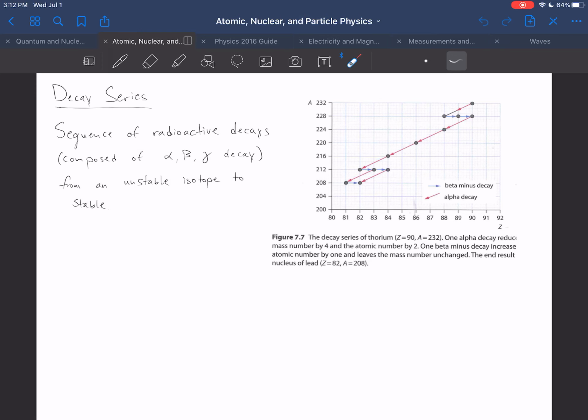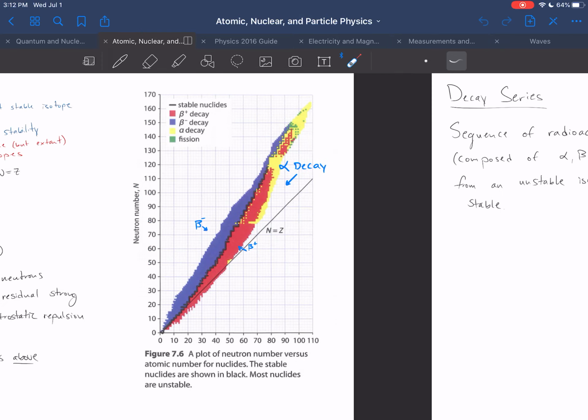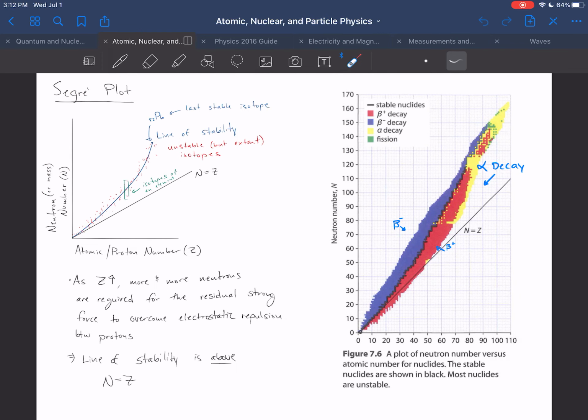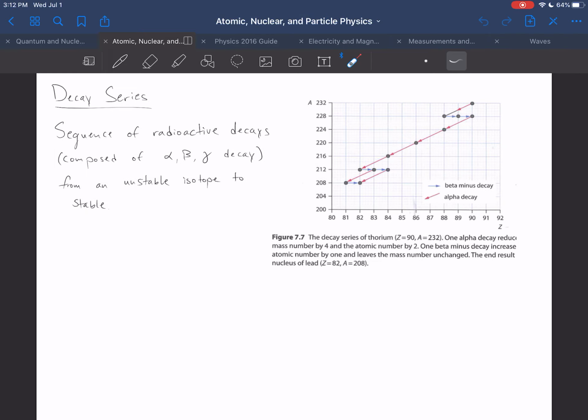It's important to note that this kind of chart has exactly the same information as the other Segre plot, and that's why sometimes you'll even see the Segre plot written in terms of the nucleon number rather than the neutron number, as shown there.